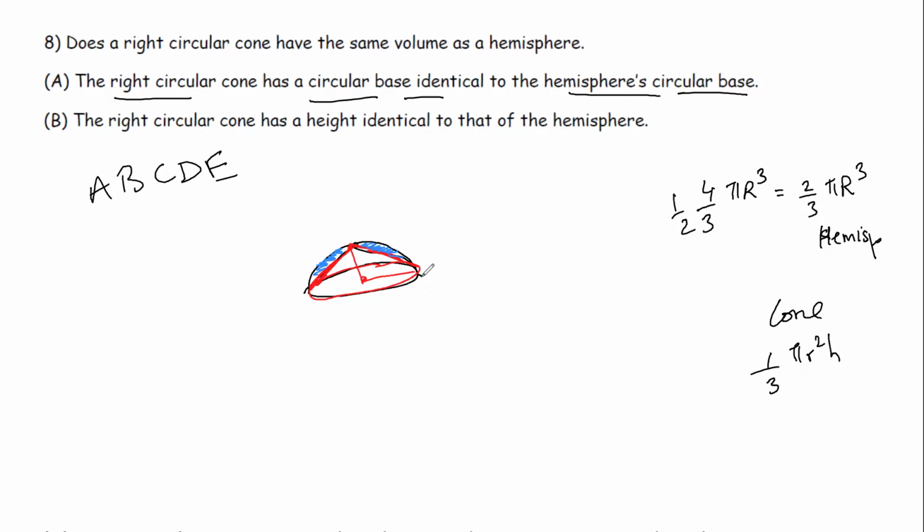If you are not able to imagine, then you'll find my explanations difficult. So taking both statements together, I know for a fact that we get a definite answer. No. Does a right circular cone have the same volume as hemisphere? So when we take both statements together, no, it does not have. We have a definite no as the answer. So C is the answer for the eighth one.